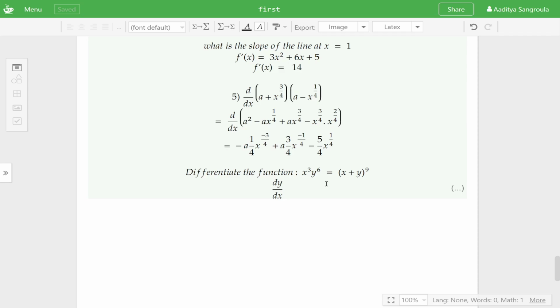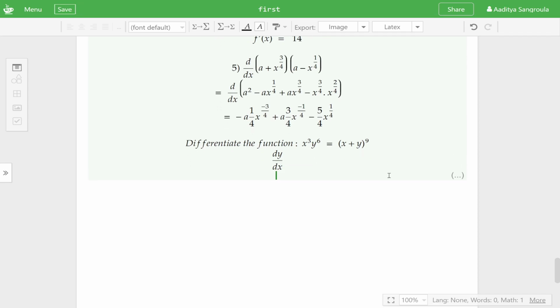So how do we find the value of dy over dx now? In order to calculate it, we can use a lot of ways and different methods. One of which can be to take a cube root on both sides.